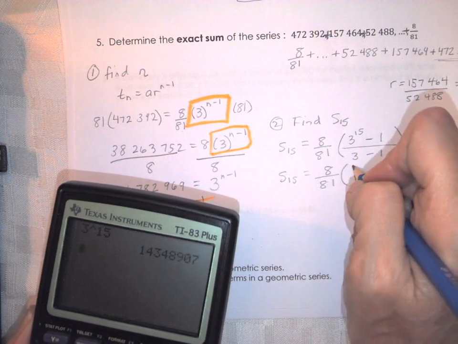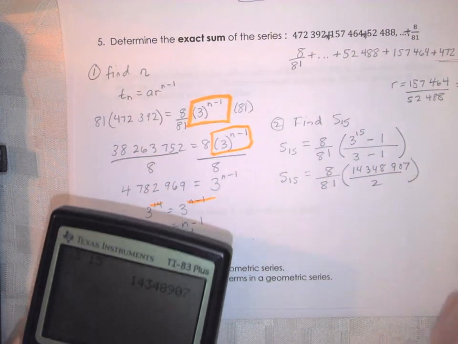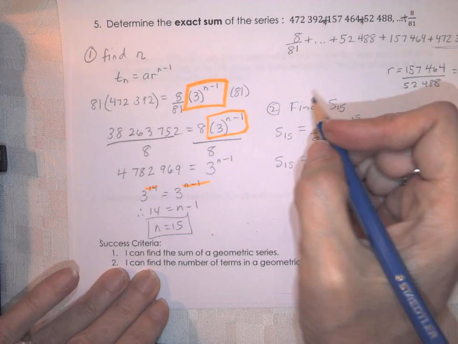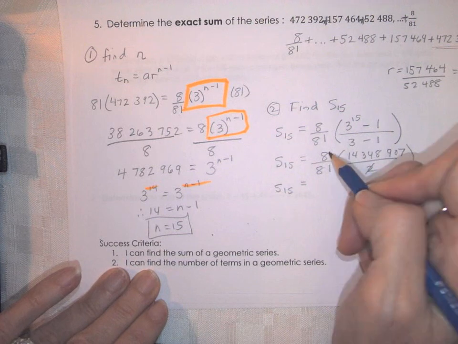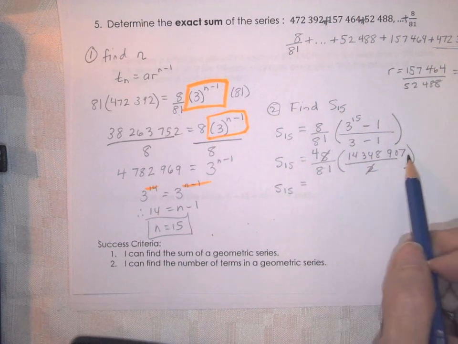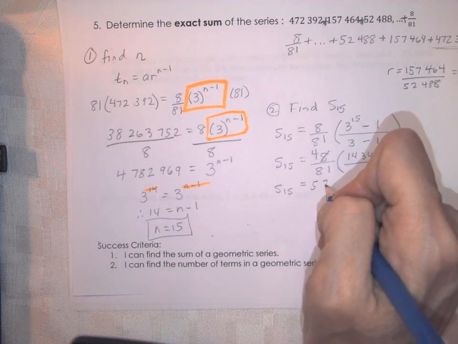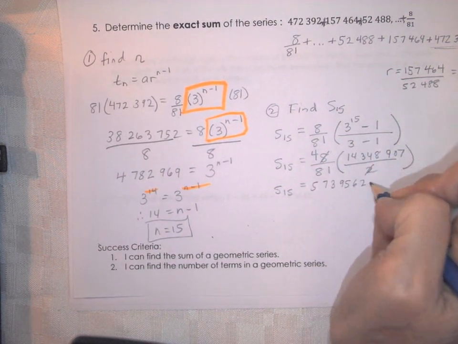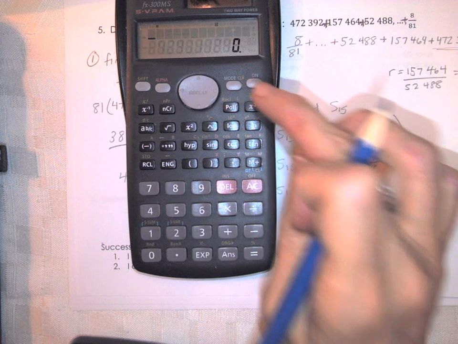That gets 14,348,907 over 2. I know that 2 goes into 8 4 times, so my numerator is going to be 4 times 14,348,907 over 81. And then I can check on my calculator and see if that's going to reduce.